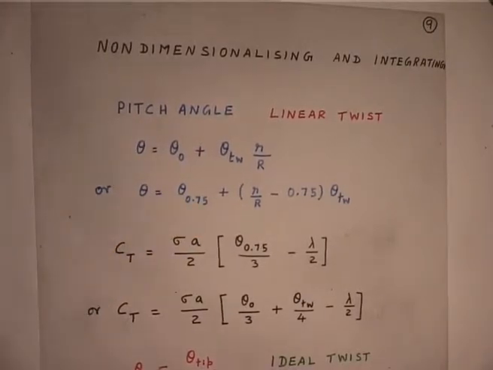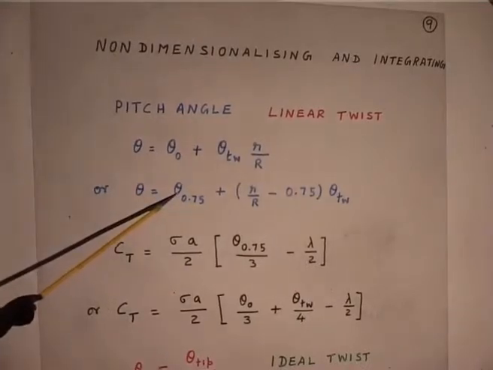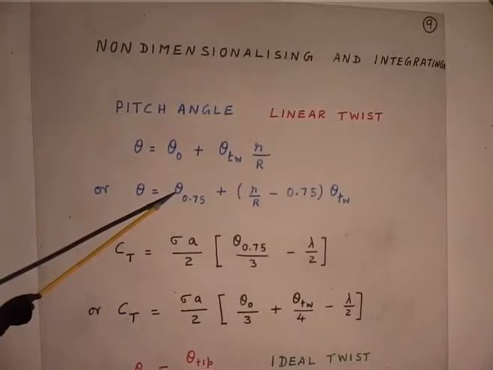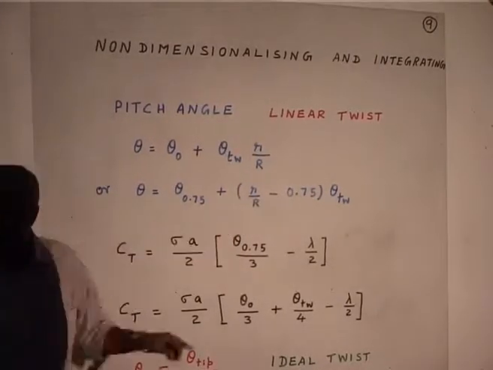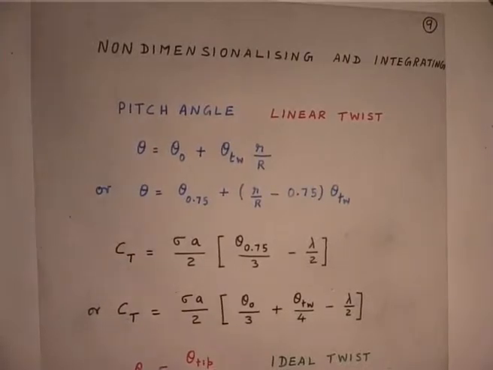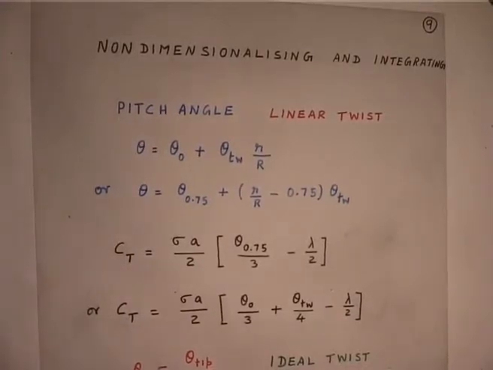If you take it in this fashion, please understand, if you take it in this form and put it in the integral, and then integrate, you will get the expression like this, which is, I use lambda, then lambda, it is exactly same. You follow?